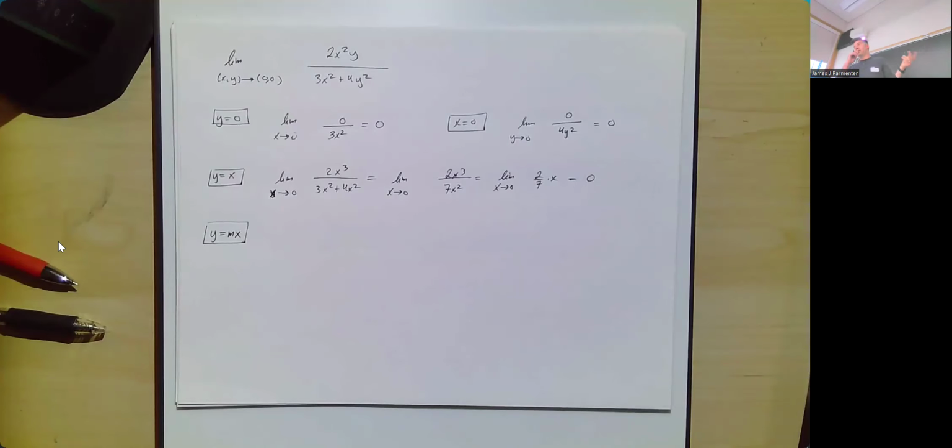So you're basically saying, if I pick any line through the origin, is this going to exist every time, or am I going to get something that depends on m, which means a different slope would give me a different limit value, and then we're done.